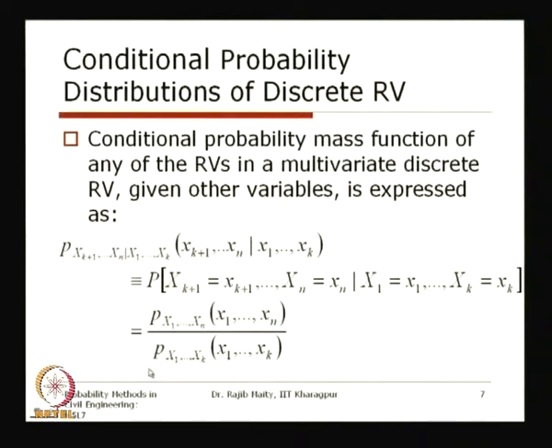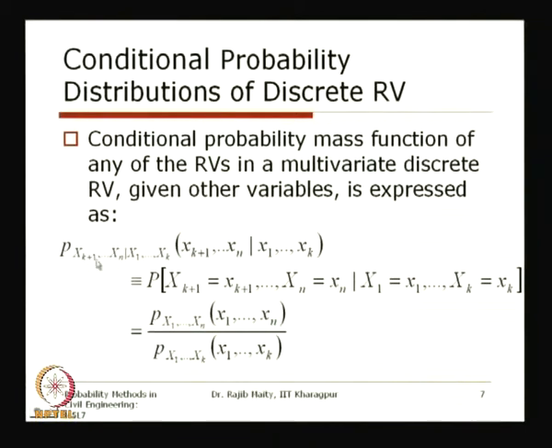That marginal distribution should be used as a normalizing factor for this joint PMF to get the conditional PMF for xk plus 1 to xn. This denominator is the PMF for x1 to xk, which is the marginal joint probability distribution of x1, x2, x3 up to xk. So in this way we get the conditional probability mass function.